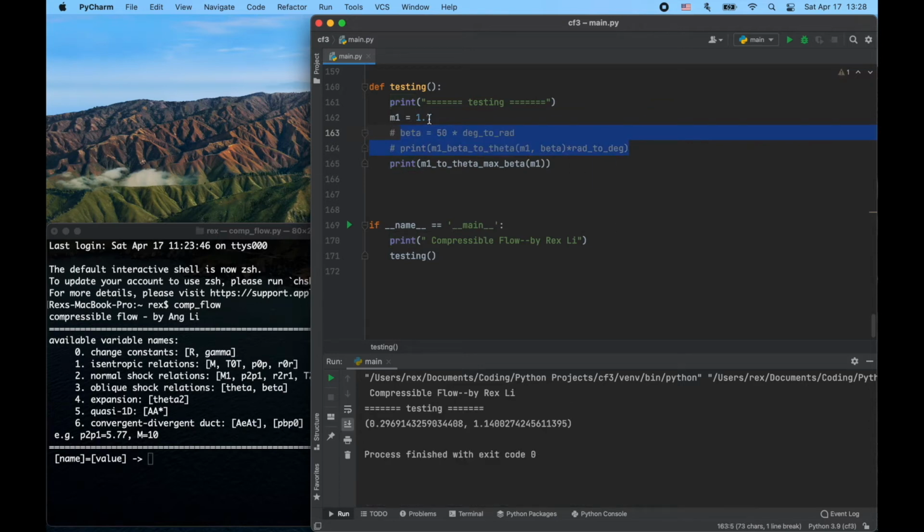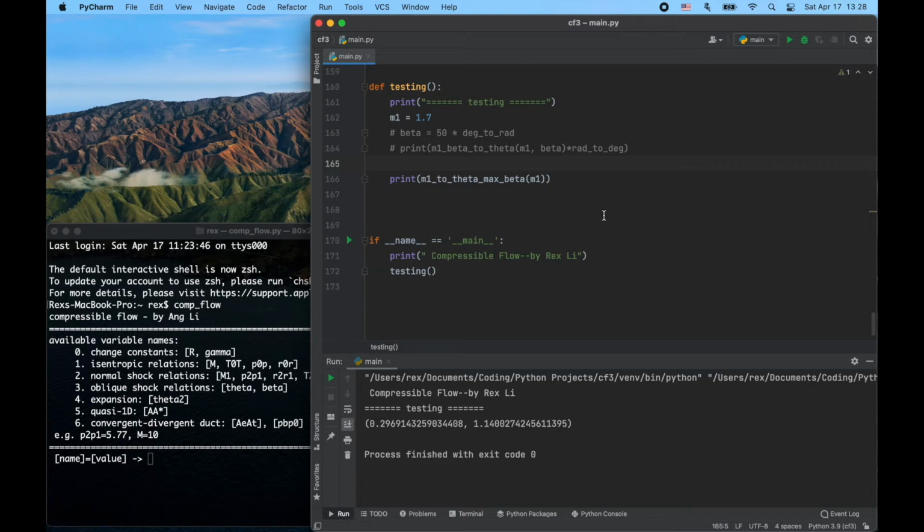So for Mach number 1 is 1.7, theta max is about, oh, there's one thing. Both of these are in radians, so theta max and beta are this value. But we would like to see them in degrees.